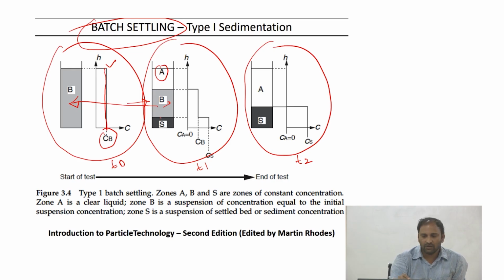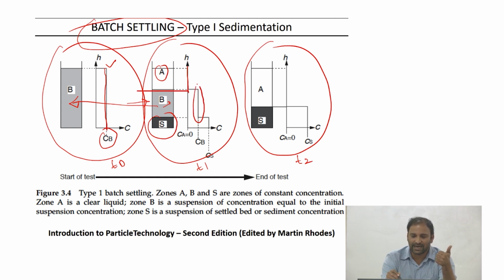And then at the bottom you have S, the sediment, where the particle concentration is very high. So if you look at the concentration as a function of height, the concentration is 0 in zone A because it is pure fluid, then in zone B the concentration is exactly your initial concentration, Cb, and then in the sediment you have a higher concentration. That's the concentration profile as a function of height.